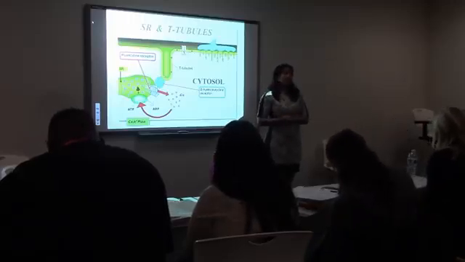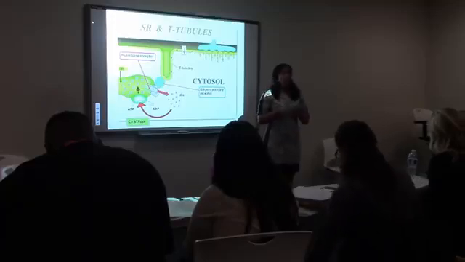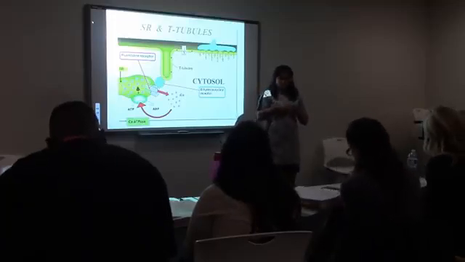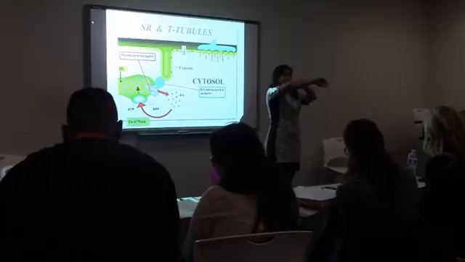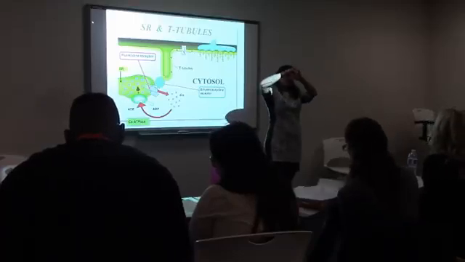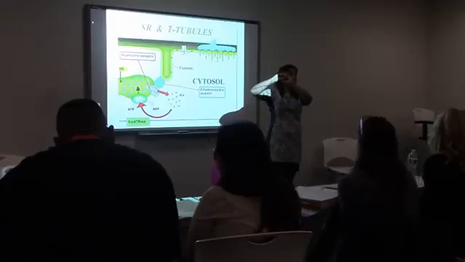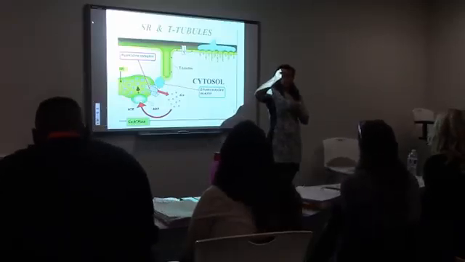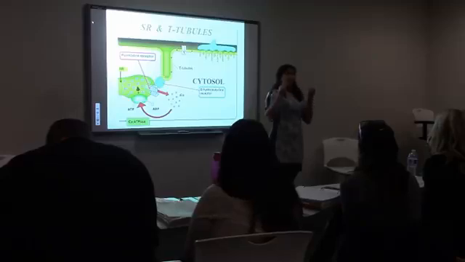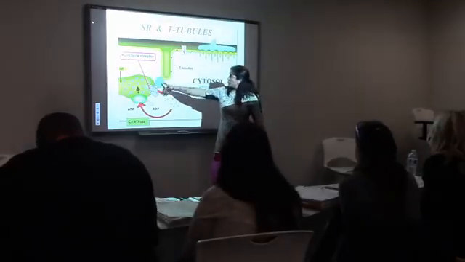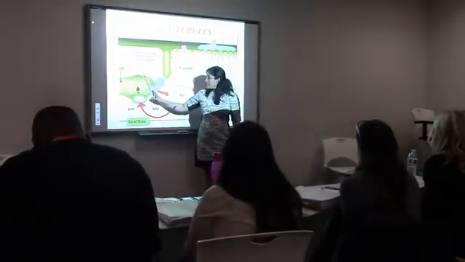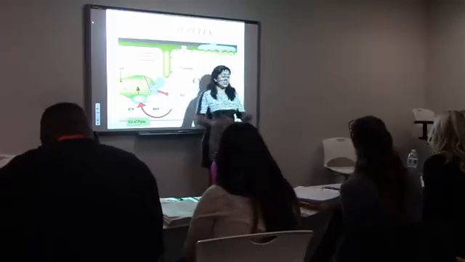Now let's talk about the dihydropyridine receptor, which is part of the transverse tubules. So imagine my arm as a transverse tubule, and my palm, my hand itself, becomes the dihydropyridine receptor. The two proteins are connected. So the dihydropyridine receptor and the ryanodine receptor are connected to each other.